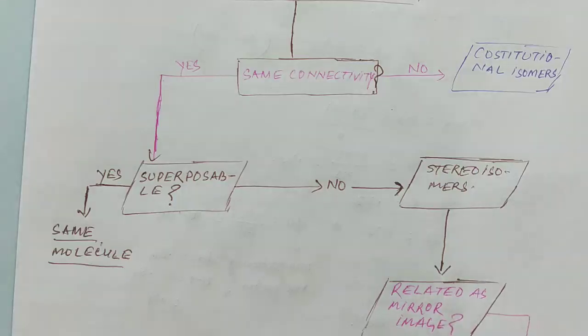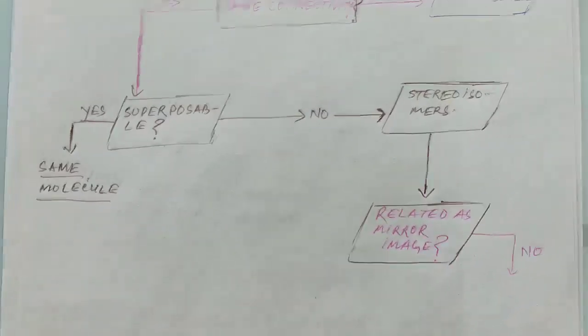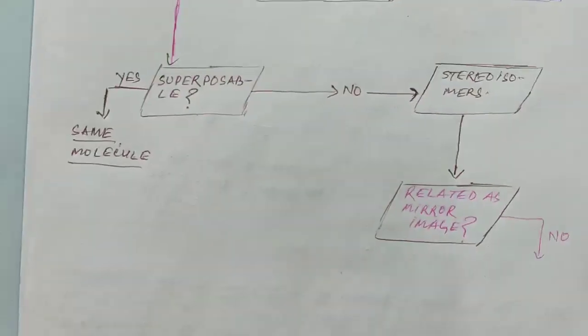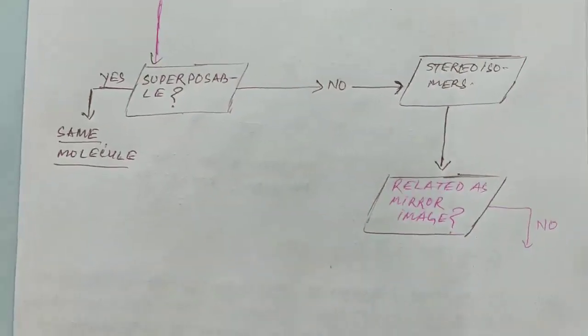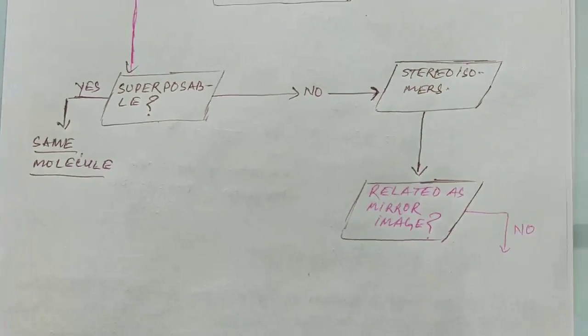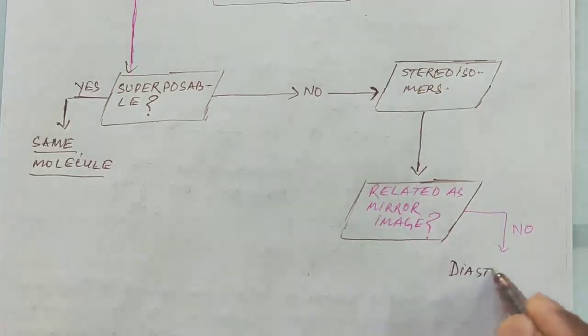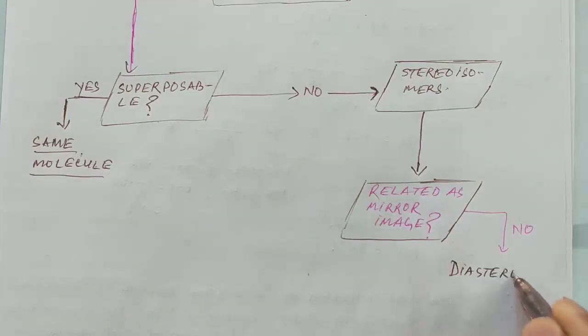If the answer is no, means if they have no mirror relation with each other, right? If they have no mirror relation with each other, then they are diastereomers. Diastereomers.